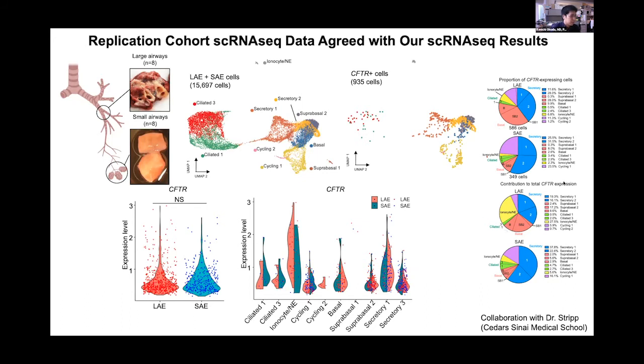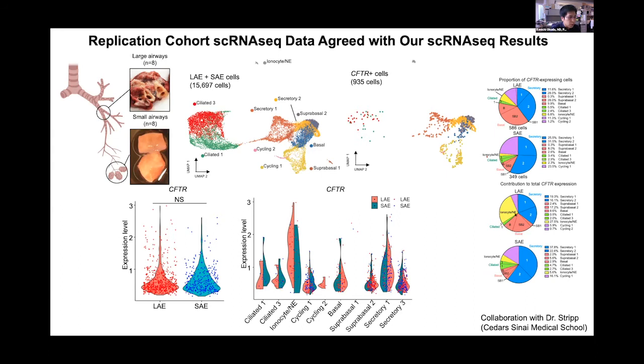And this is the final data that shows the contribution of each cell type to total CFTR expression. In large airways, secretory cells are number one, and the second is basal cells. These two cell types accounted for more than 50% of the total CFTR expression contribution.